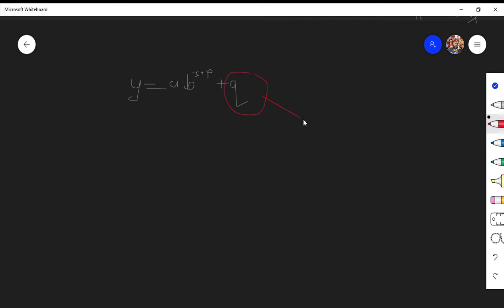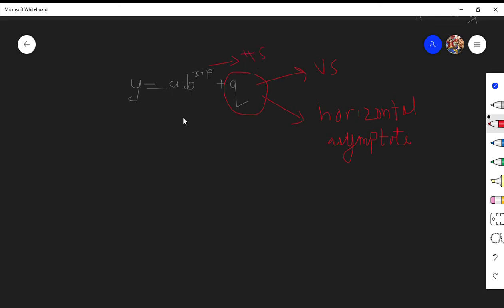And q, as you remember from before, is the horizontal asymptote. Q is also the vertical shift, and p is also the horizontal shift.